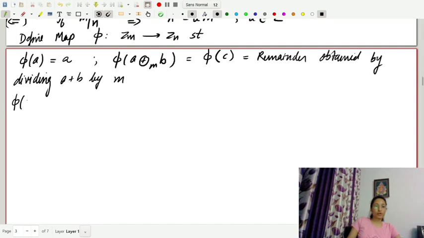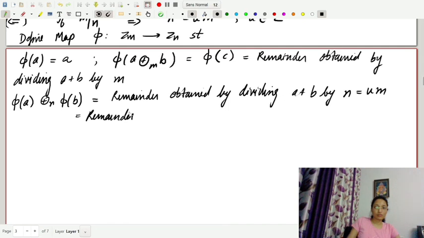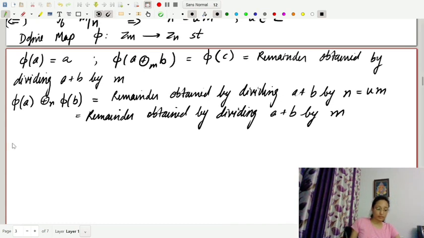Now phi of a plus phi of b in Zn is equal to the remainder obtained by dividing a plus b by n, which is equal to um, which in turn implies the remainder obtained by dividing a plus b by n, and therefore these two quantities are equal.